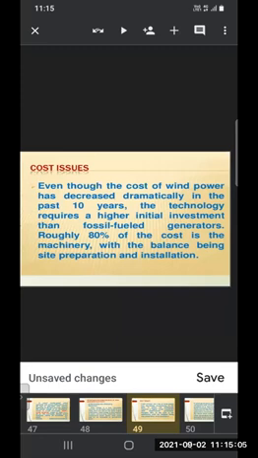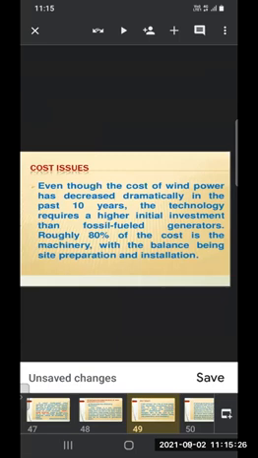The technology requires a higher initial investment than fossil fuel generators. The initial investment is higher than that of fossil fuels.